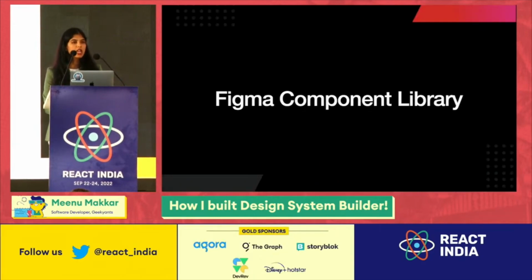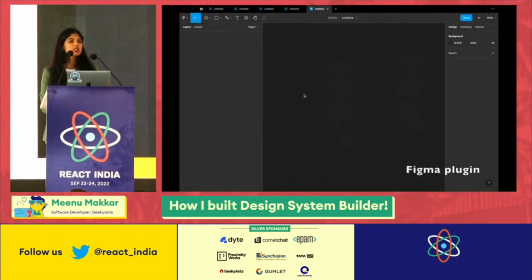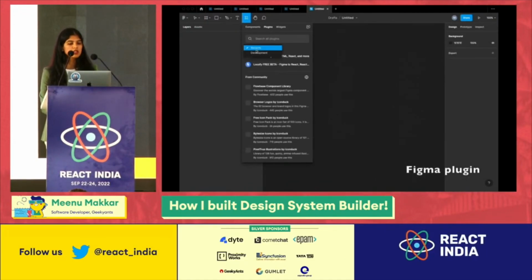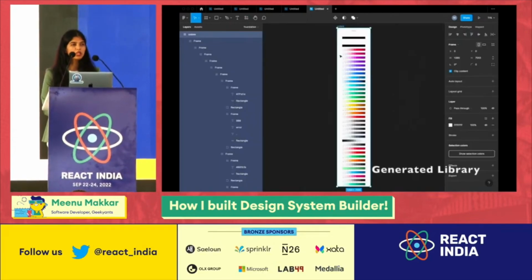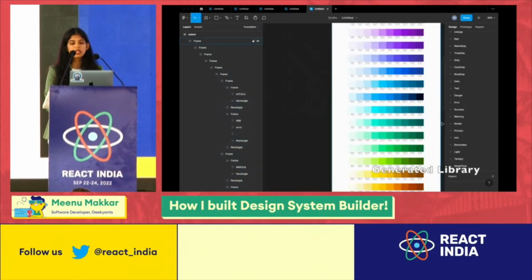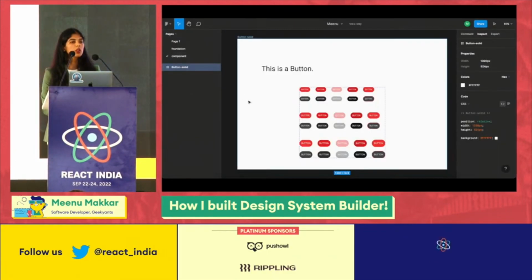For this, we are publishing the Figma component library. Keeping Storybook, which developers use, as the source of truth, we have all the combinations of props and components that are possible using Storybook controls.